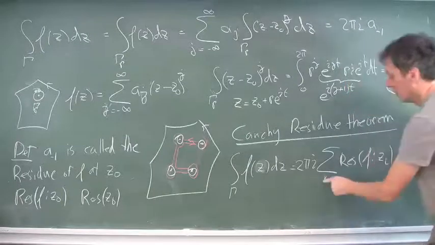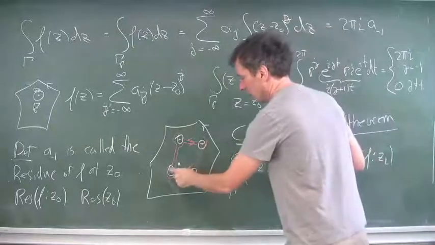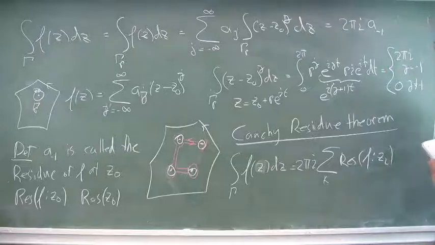So you sum over k, where you have k singularities like this.